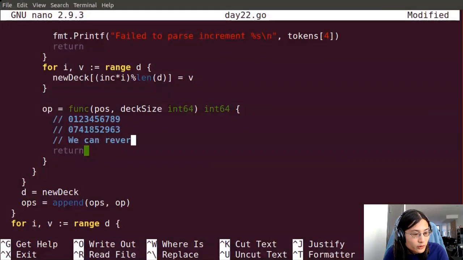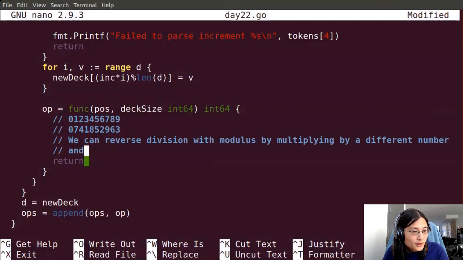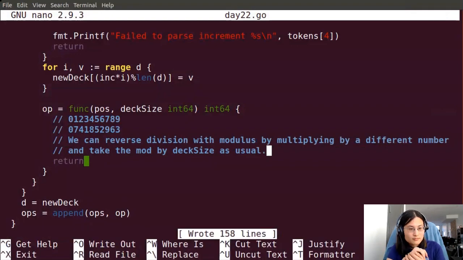We can reverse division with modulus by multiplying by a different number and taking the mod by deck size as usual. Okay. Yeah. I remember this. This is coming back to me.